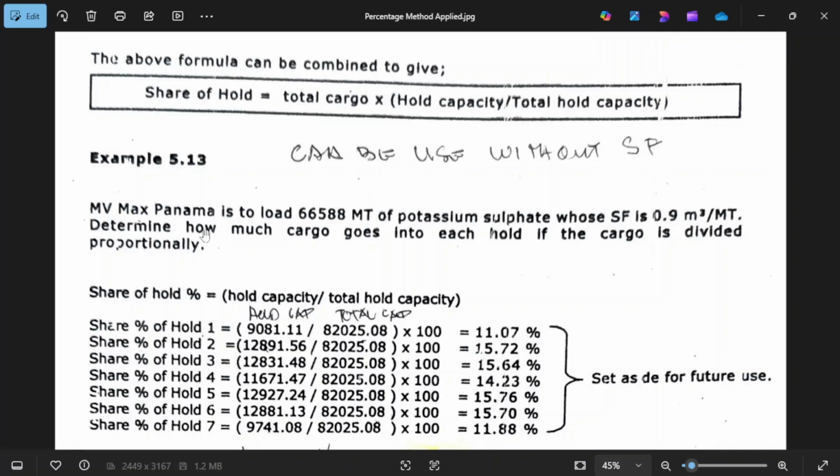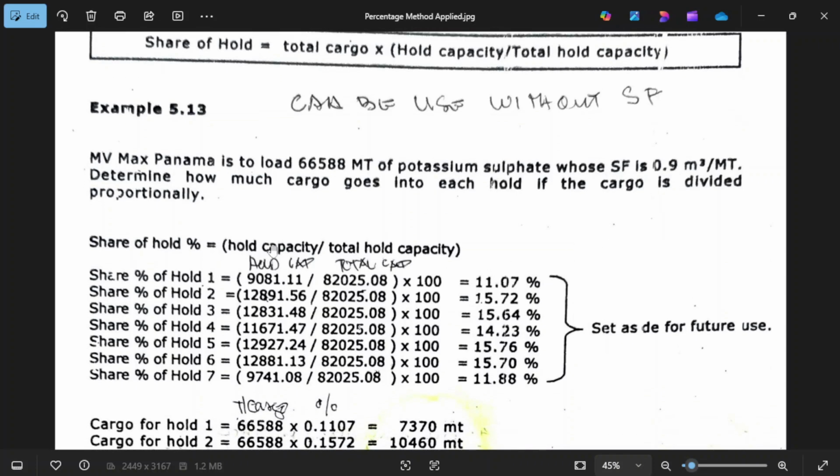Okay, so in this example, it says MV Max Panama is to load 66,588 metric tons of potassium sulfate, whose storage factor is 0.9 cubic meter per metric ton. Determine how much cargo goes into each hold if the cargo is divided proportionally.